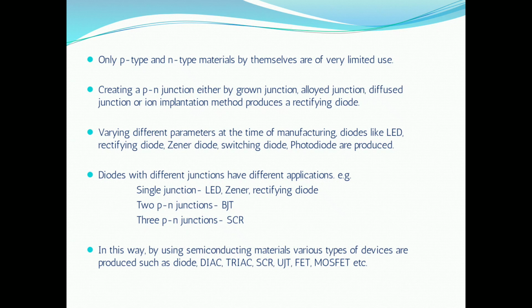In this way, by using semiconducting material, various types of devices can be produced, which are diode, triac, SCR, UJT, FET, and MOSFET. FET and MOSFET are a special type of transistor which is used nowadays in IC packaging.